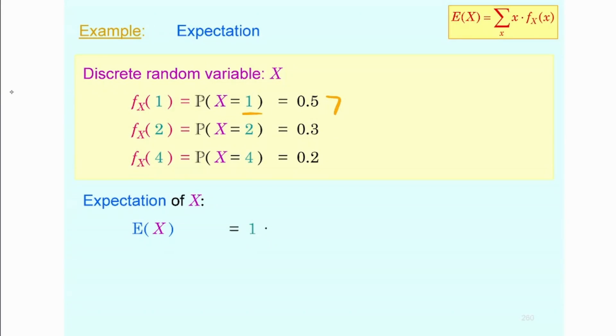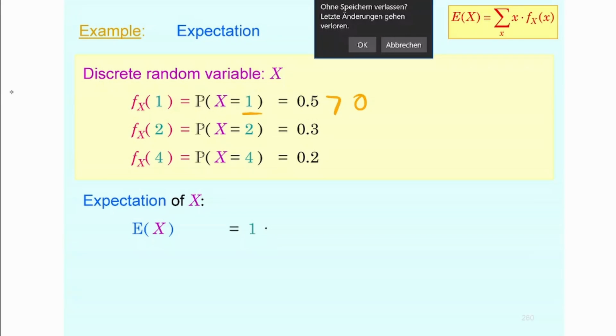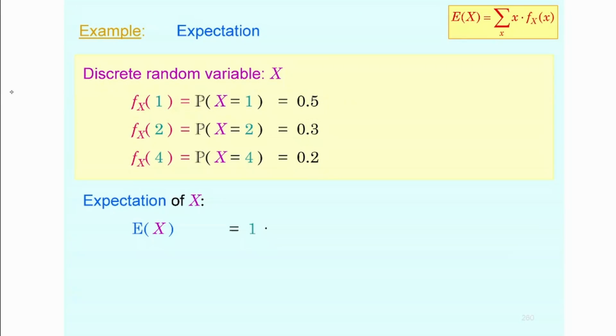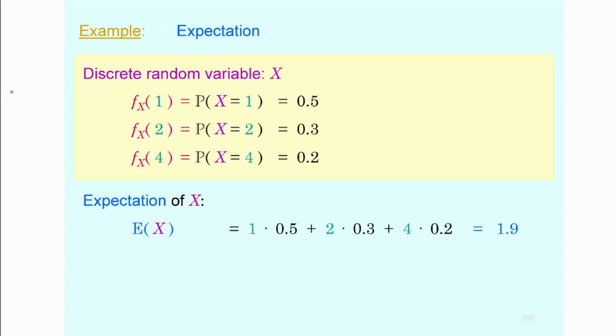Because its probability is positive, of course. So 1 times its probability, plus the second realization times its probability, plus the last realization times its probability. That's the last. So this is what you end up with. And then you come up with the result that the expectation of this random variable is going to be 1.9. This is the weighted sum of its realizations, each weighted by the corresponding probability.